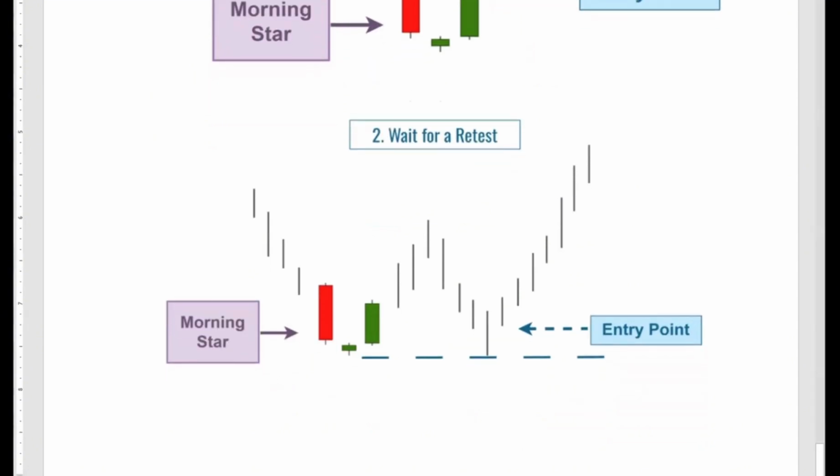The disadvantage is that, given the lows of a Morning Star are not always revisited, you could potentially overlook a chance to trade. Or in common words, you'll miss it if the price does not retrace and retest the support level.